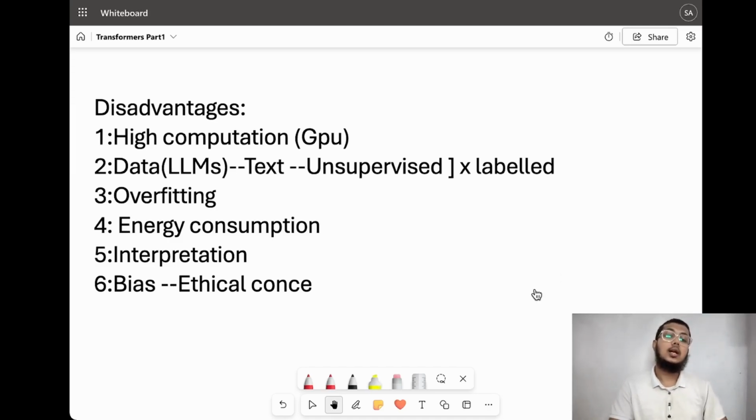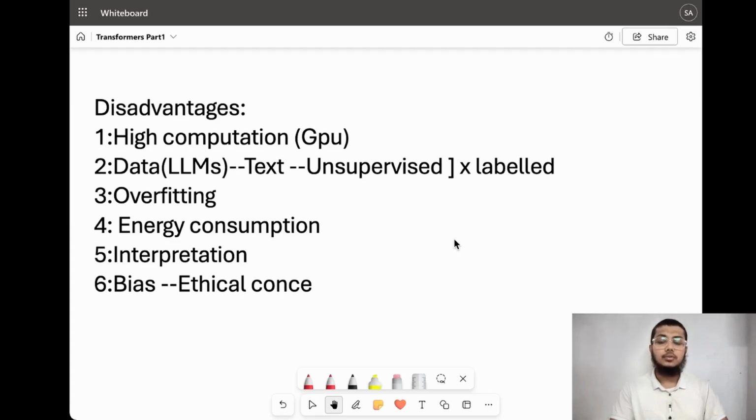So there are many lawsuits ongoing against companies that used the data of other companies and websites without asking and without permission. So one has to be very careful about all these things.